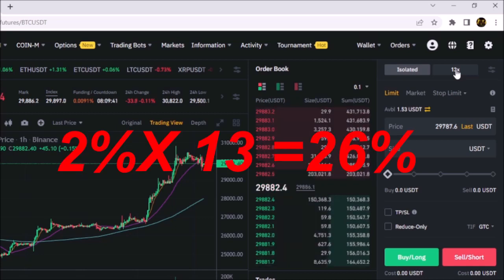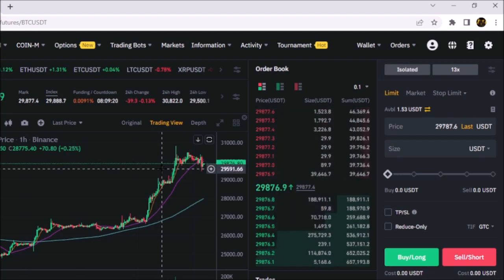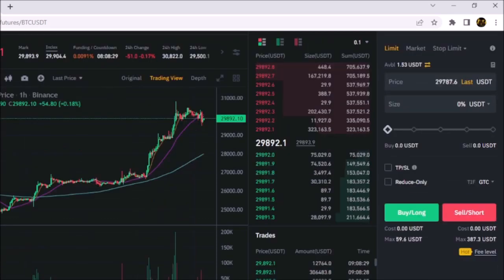They will multiply that percent by 13. That means you will have made 26%. And the person who is not using leverage will have made 2% maybe in spot trading. That is the good thing with trading with leverage. They always multiply your leverage times the percent that the pair has made.